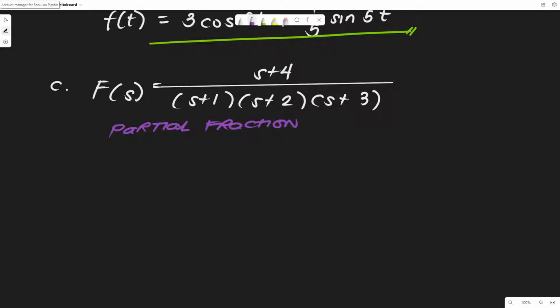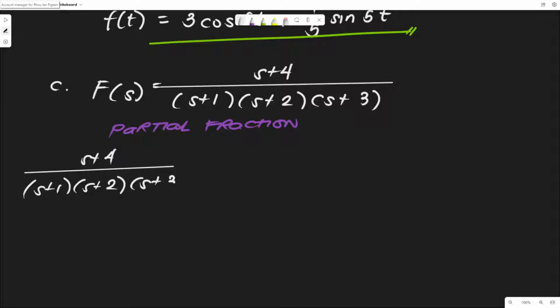So, paano ba natin gagawin yung partial fraction? So, we have yung ating original function, s plus 4 over s plus 1, s plus 2, s plus 3. Tapos, iisa-isahin natin per multiple.